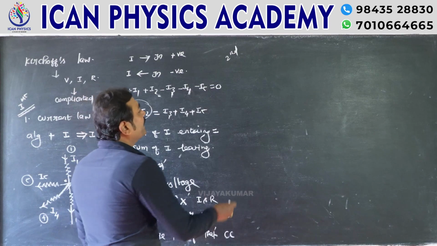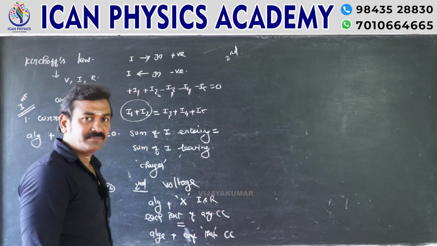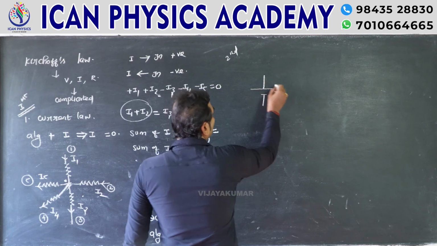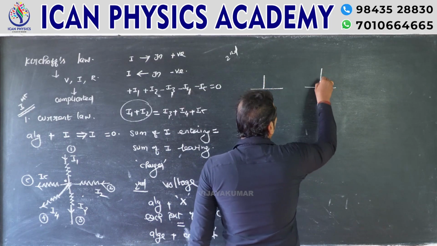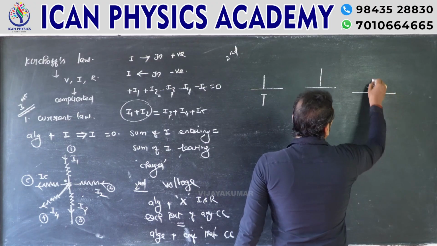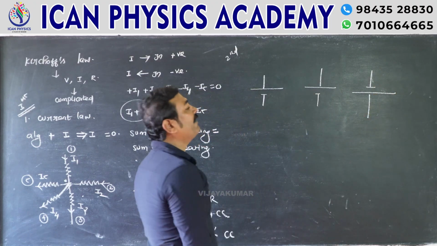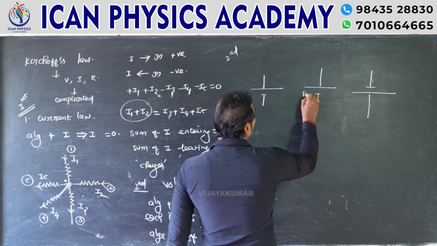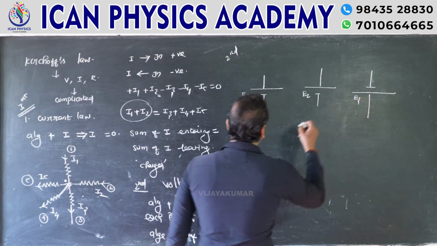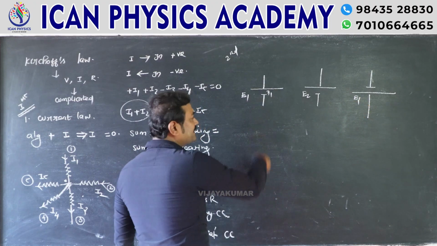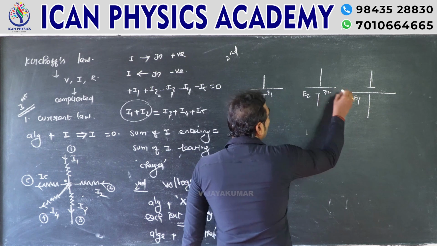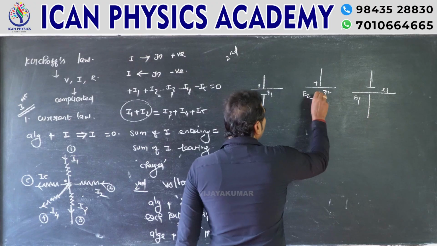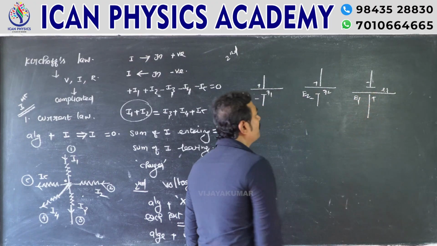Okay, no doubts. So for that I am going to construct a closed circuit. Now we are having three batteries of EMF E1, E2 and E3, and its internal resistance is R1, R2 and R3. Now it's plus, minus, plus, minus, minus, plus.